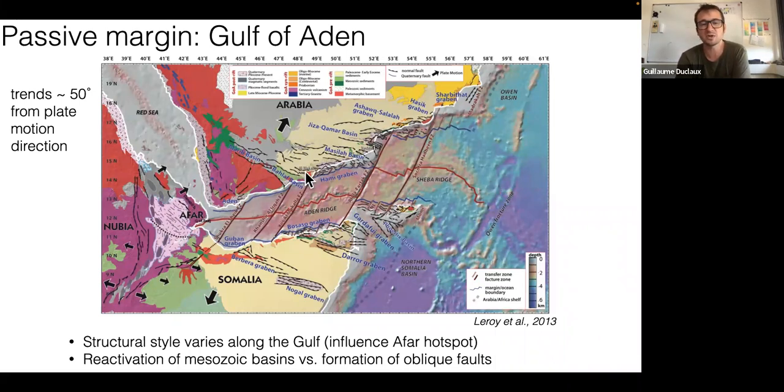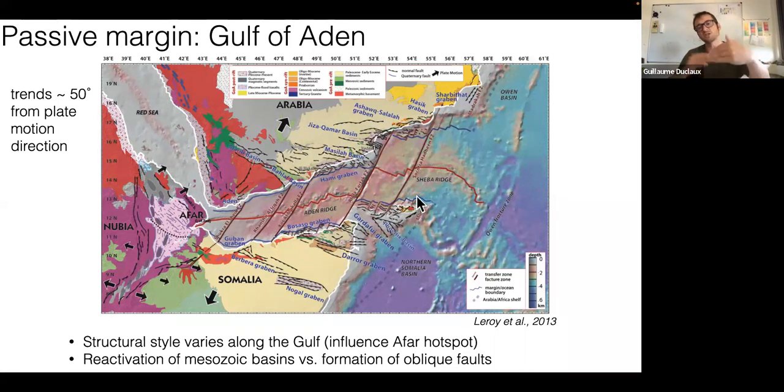But what is quite striking is the shape of the margin, where you've got this kind of zigzag structure, where you've got an asymmetric, large margin on one side and narrow margin on the other, wide, narrow, and so on. Sorry, I forgot to say, the line in blue here is a continent-ocean transition line.